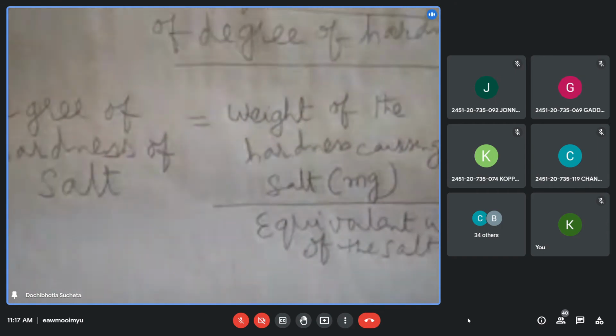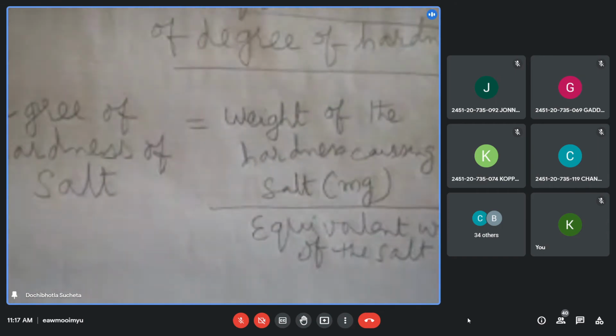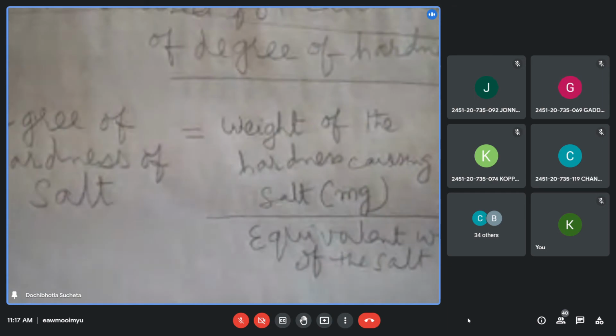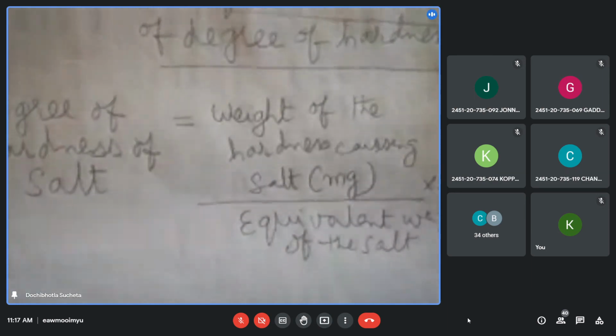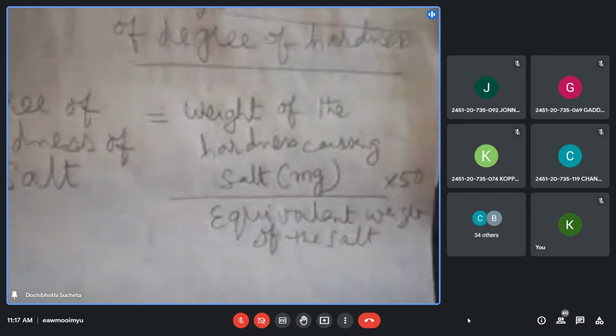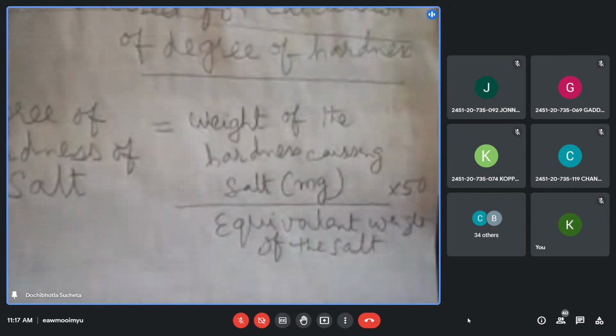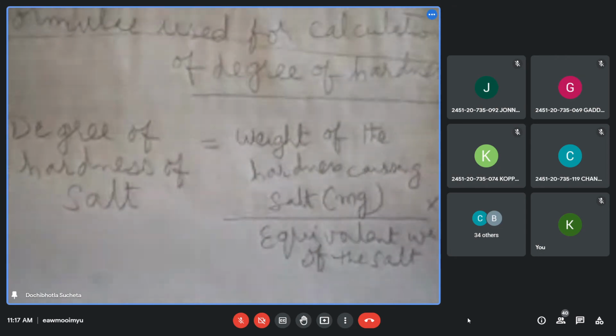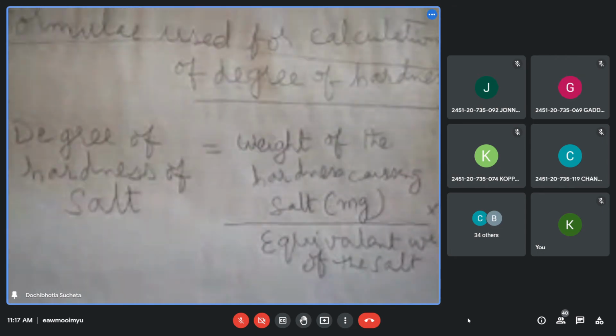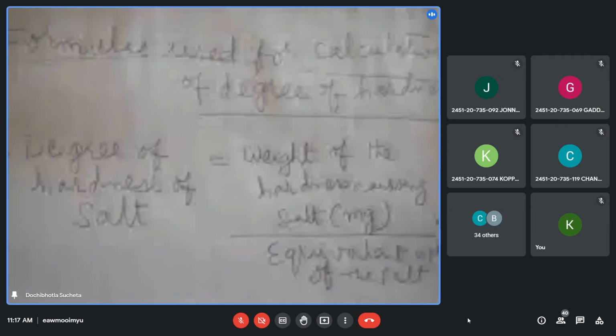Is the formula clear to all of you? Degree of hardness of the salt is equal to weight of the hardness causing salt in milligrams divided by equivalent weight of the salt into 50. This is formula 1.